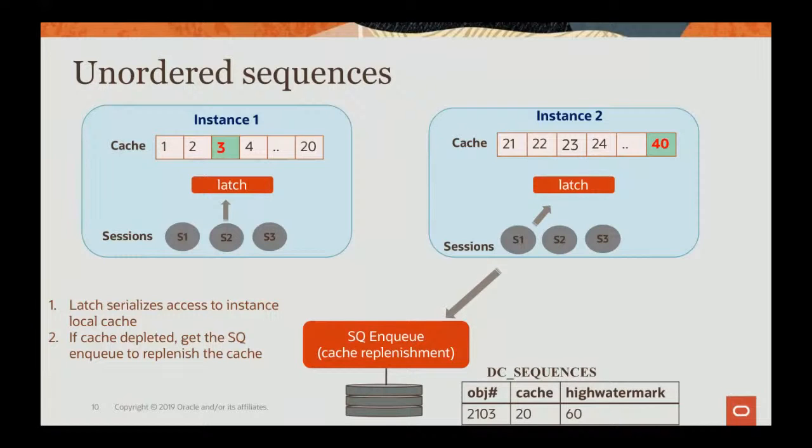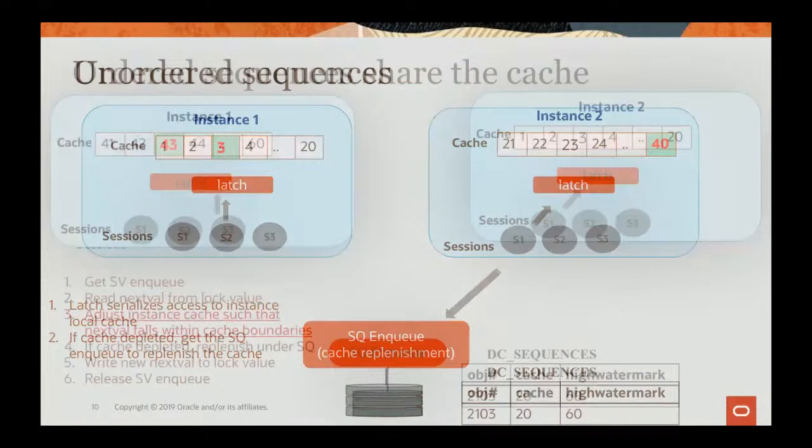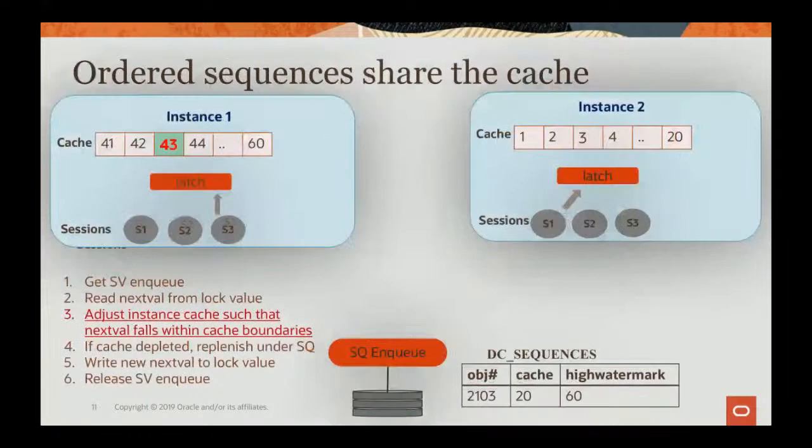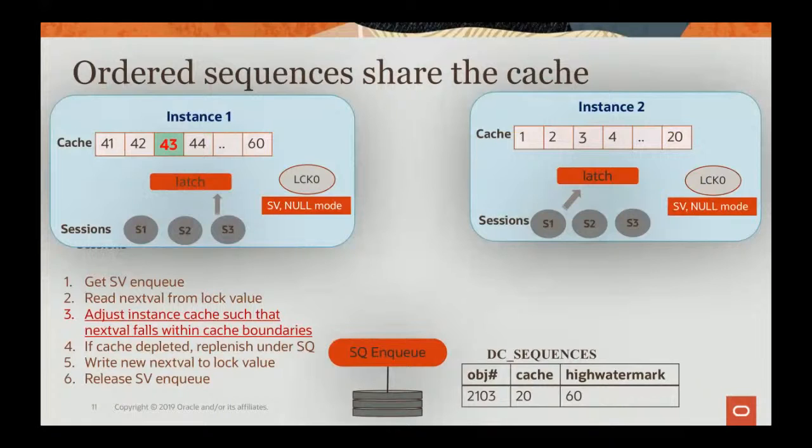Okay. With ordered sequences, as previously discussed, we have one additional lock, which is the SVNQ. Every instance first acquires this SVNQ in null mode once the sequence is loaded, and it is held in the background by the LCK0 process. Once again, let's look at the example with two instances. Instance 2 is working with a cache of values 1 to 20, and instance 1 is using values 40 to 60.